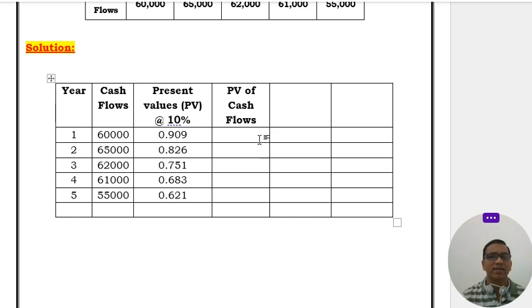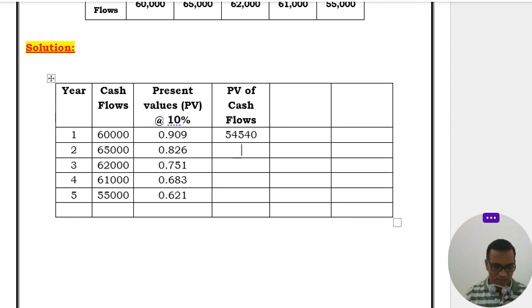So how will we get PV of cash flows? Cash flow multiplied with the present values, I mean the 10% table values. That means 60,000 multiplied with 0.909, that equals 54,540.